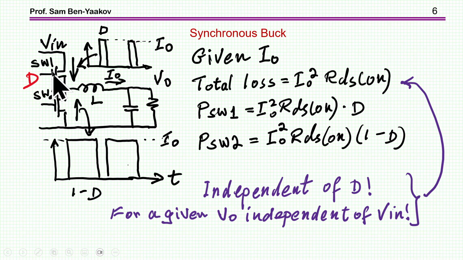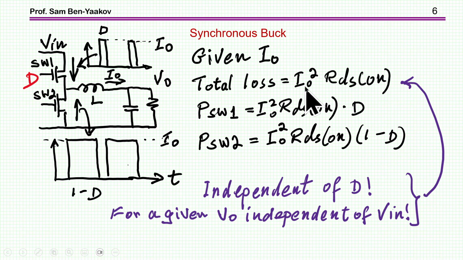For the upper switch, we have the total loss times D. D is the fraction of the time that this switch 1 is on, and the rest is the loss of the second switch, which is the total loss times 1 minus D. Very important to realize that in this case, the total loss is not a function of the duty cycle. It is a function of I out and RDS(on).